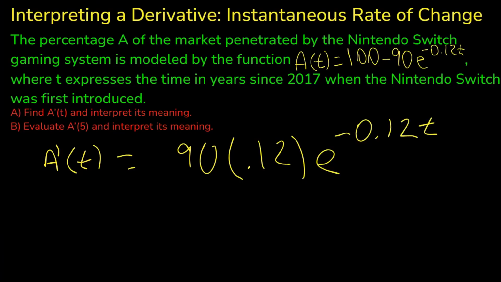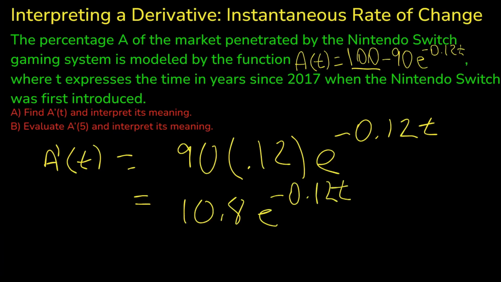This is because the derivative of the constant 100 goes to 0, and when you do u prime e to the u, the negative 0.12 multiplies the 90, making them both positive. So this simplifies to 10.8 e to the negative 0.12 t.